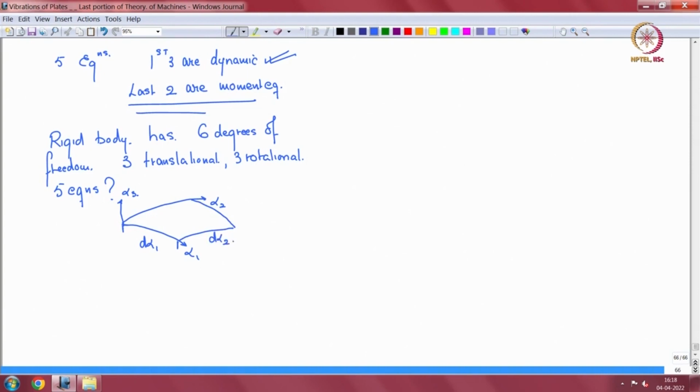Okay. Now, we have spoken of rotation about alpha 1 axis using moments like m22. We have looked at rotation about alpha 2 axis using moments like m11.